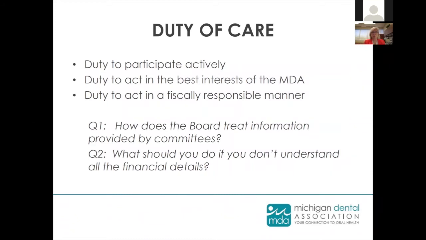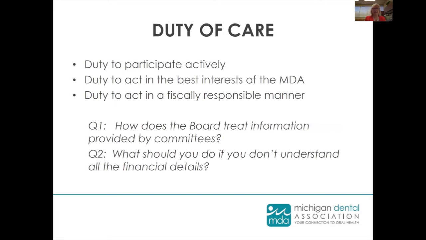They don't turn around and redo committee work, although occasionally they may not agree with the recommendation that you bring forward. They may make some changes to it, or even send it back to you and ask for more thinking, or to consider additional facts and come back with another recommendation. So you can see that the board is also living up to its duty of care.